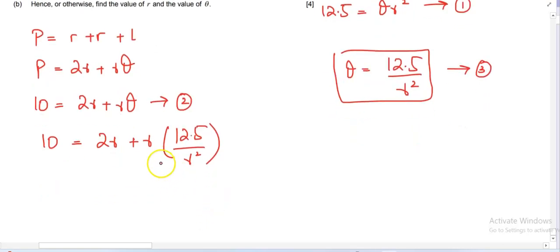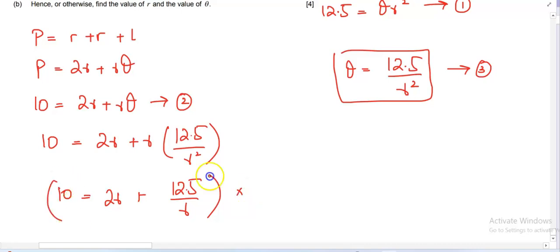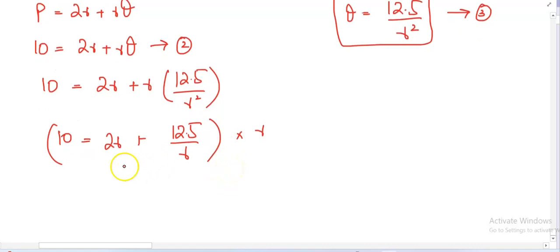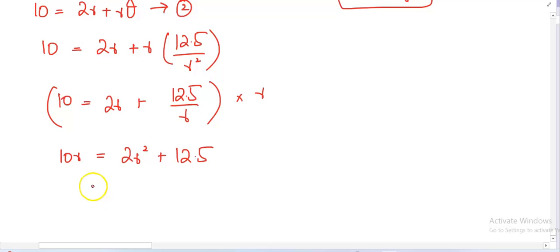When I simplify that, I'm left with 12.5 divided by r plus 2r equals 10. Now I'll get rid of the r value by multiplying the whole equation by r. So I end up getting 10r equals 2r squared plus 12.5. So this becomes 2r squared minus 10r plus 12.5 equals 0.